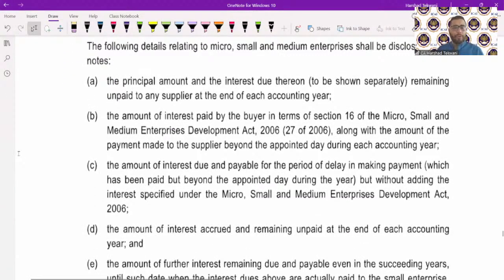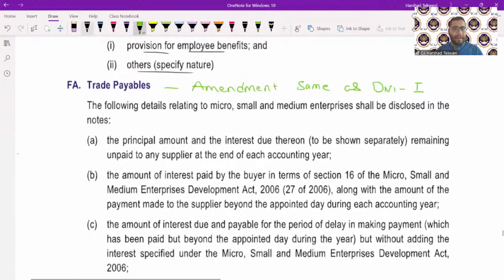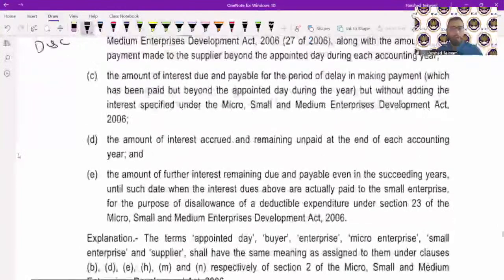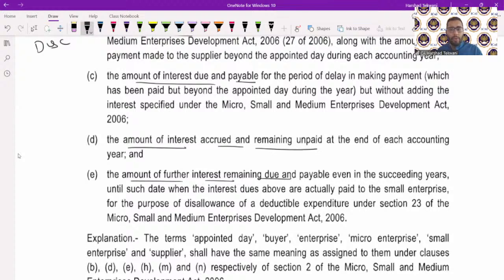Earlier we were supposed to disclose based on the MSME criteria, that is still there. MSME disclosures still there. Principal amount, interest amount due, then amount of interest paid by buyers, amount of interest due and payable, amount of interest accrued and remaining unpaid, amount further of interest remaining due and unpayable even in succeeding years. That's the MSME disclosure.